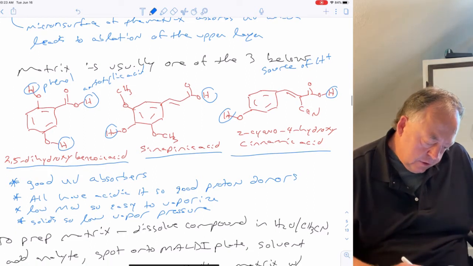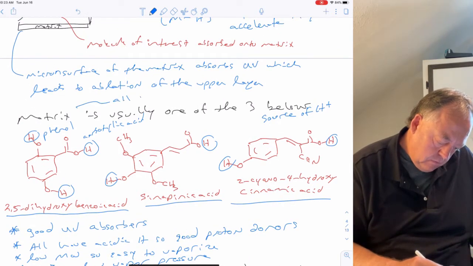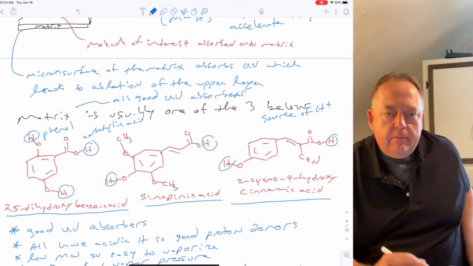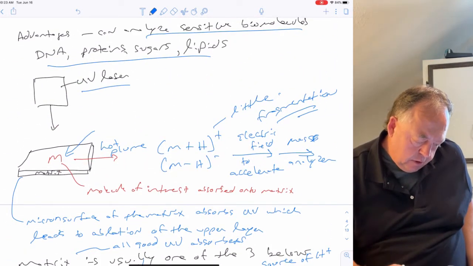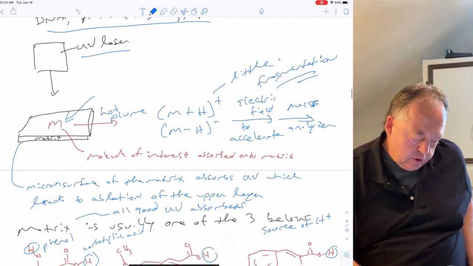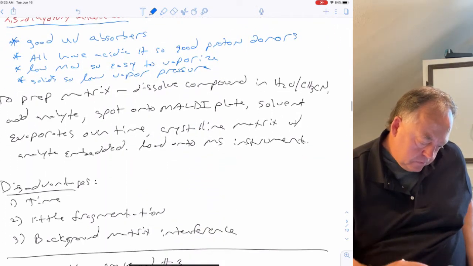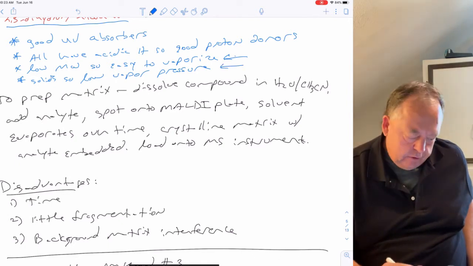And they all also absorb UV light pretty intensely, and so that's where the UV laser comes in. So these molecules are going to absorb that UV light. So they also have a very low molar mass so that they're easy to vaporize, whereas they're solids, so they have very low vapor pressure as well.